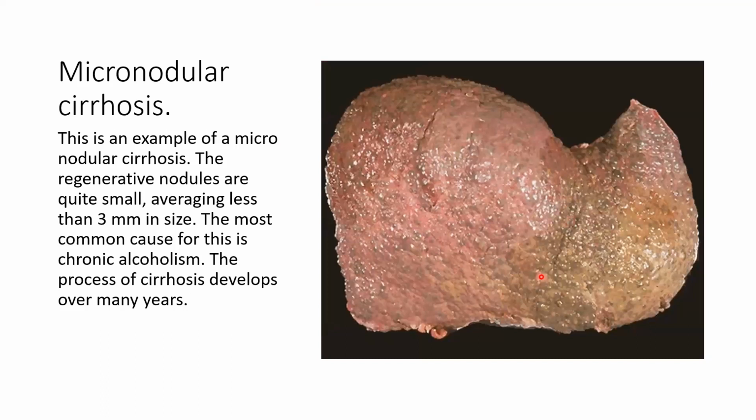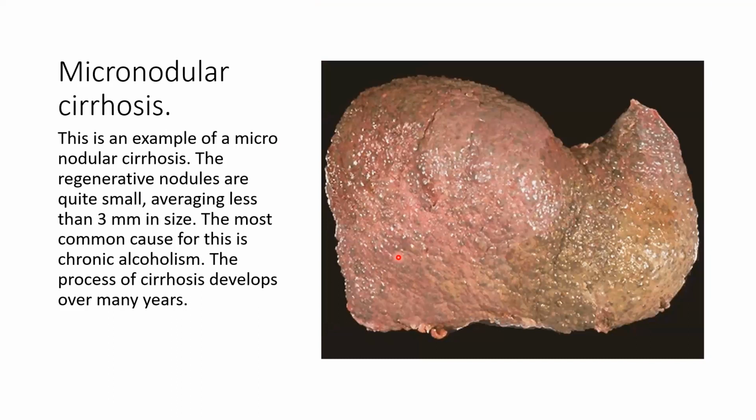Compare. You saw the first picture, which is the gross picture of the normal liver. You can see this is very different. The surface of the liver is nodular. Nodular means it has protrusions. This is due to cirrhosis.